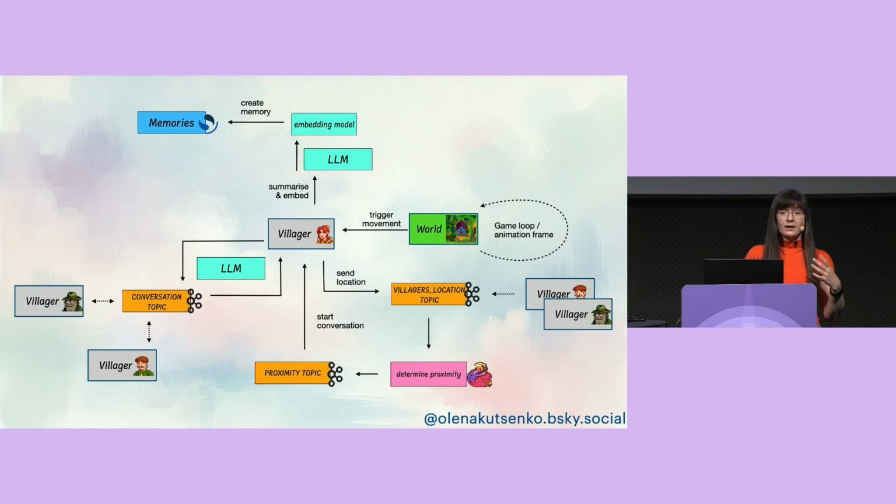And when they initiate a conversation or talk to someone else, they always come back to that storage and see if there is anything relevant, and we add that information into the prompt, like all the conversations.